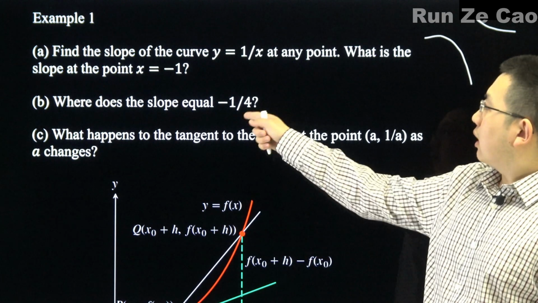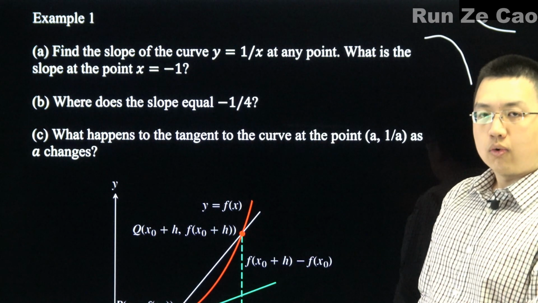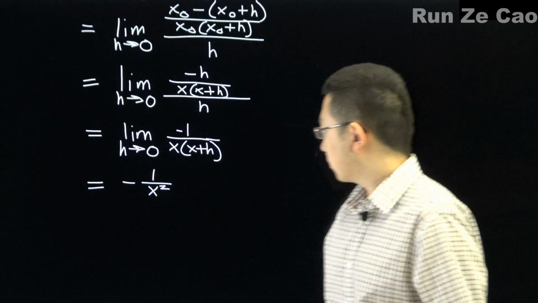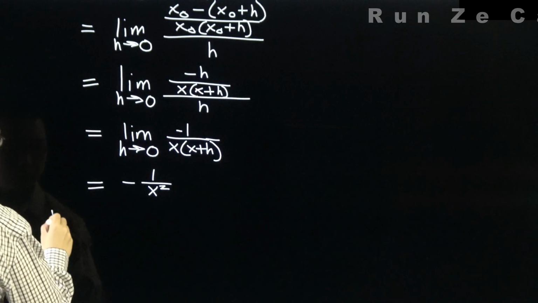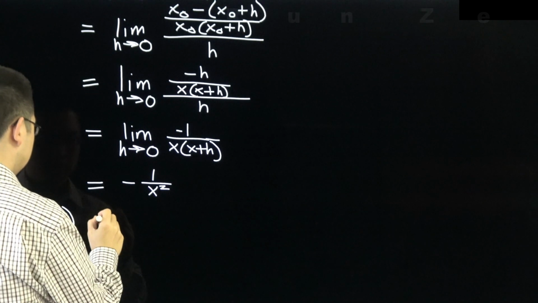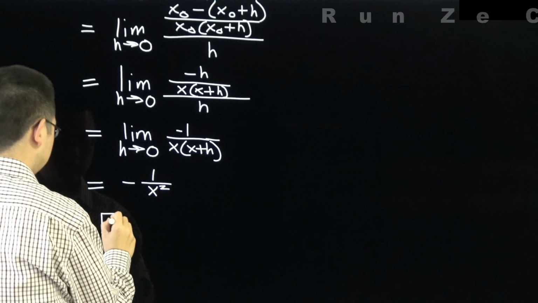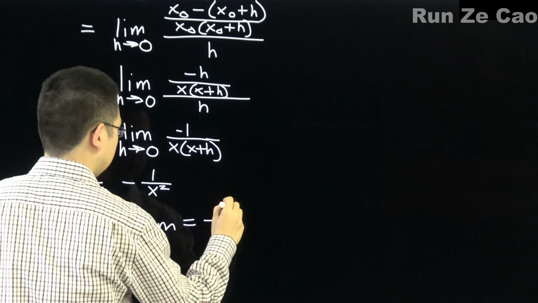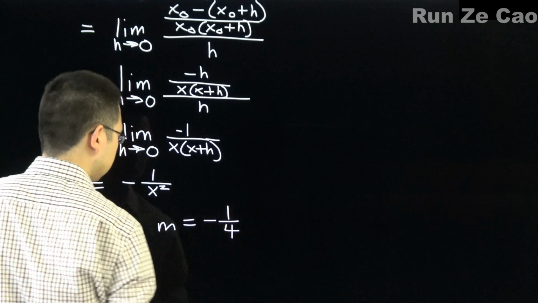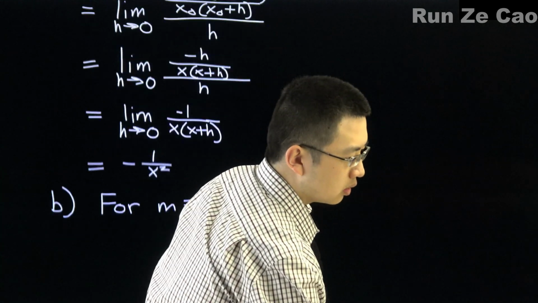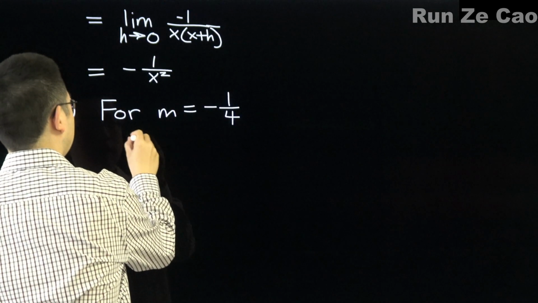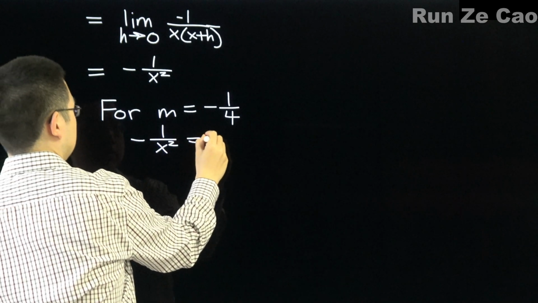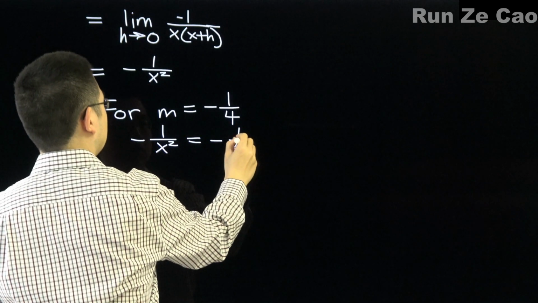Okay, so where does the slope equal negative 1/4? For m equals negative 1/4, we end up with negative 1 over x squared equals negative 1/4.